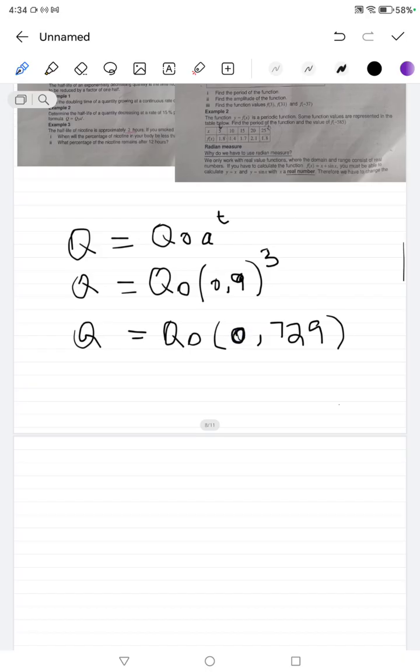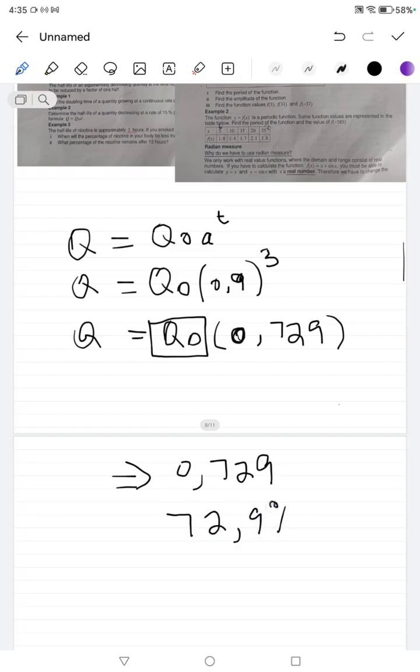Now you're going to be interpreting this answer in terms of multiples of the initial quantity. The multiple that's going to remain after 3 hours is 0.729, which is basically 72.9%.